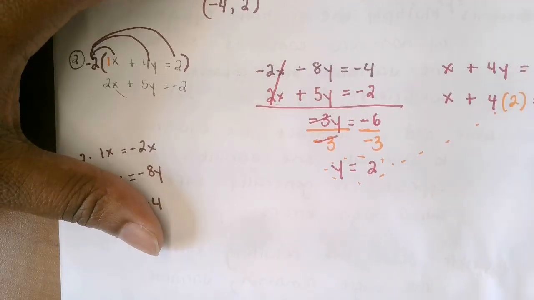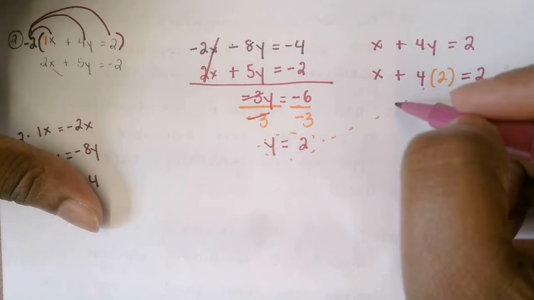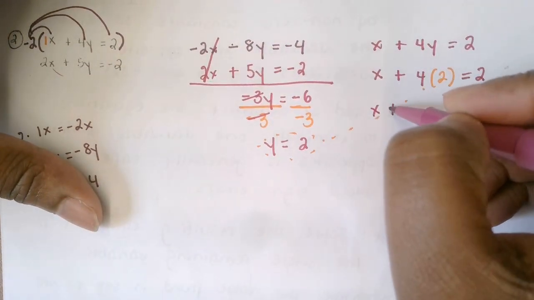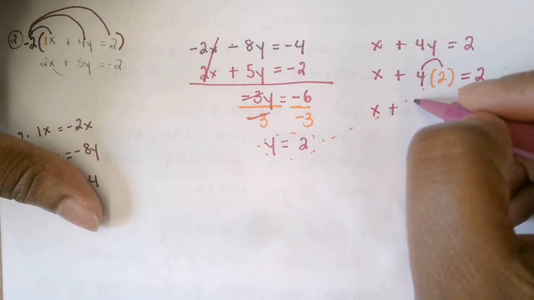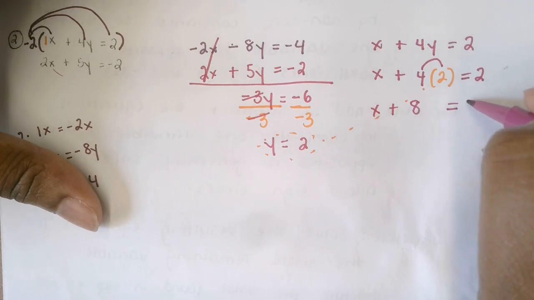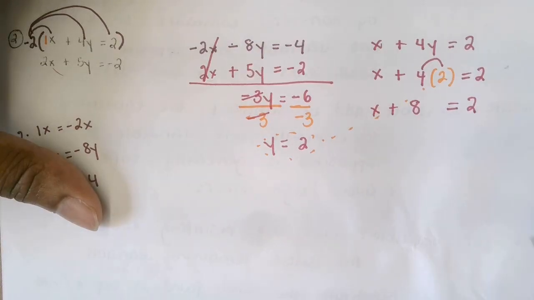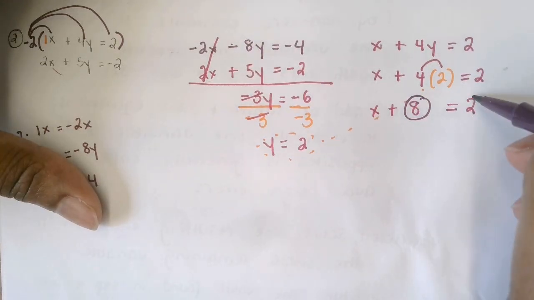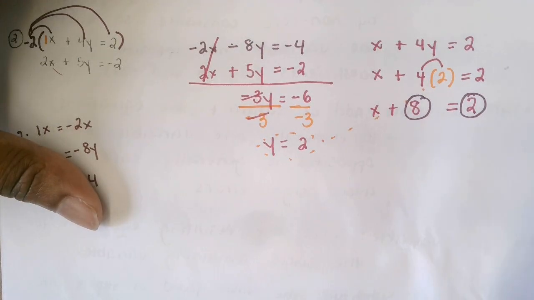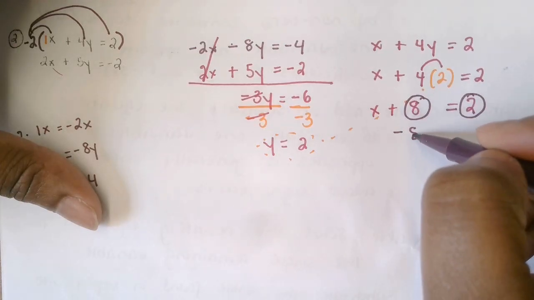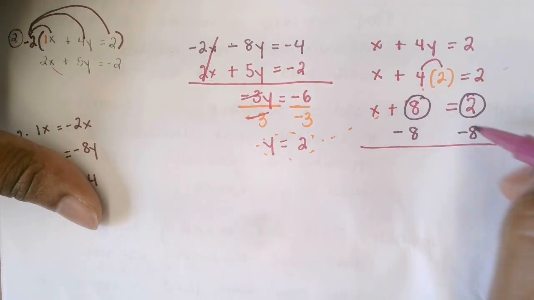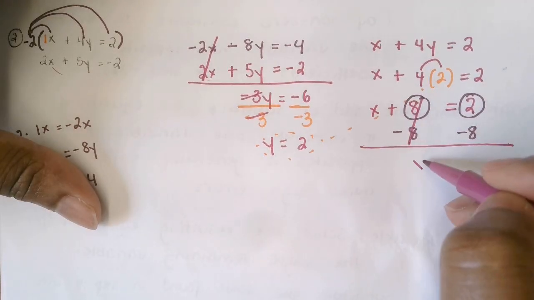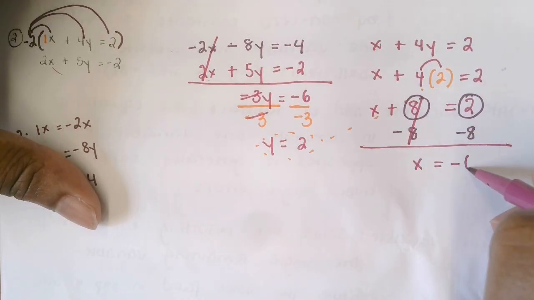Equal to, so it'll be x plus 4 times 2 is 8, equal to, we're going to combine things that look alike, so like terms. So I'm going to bring this plus 8 to the other side. x is equal to negative 6.